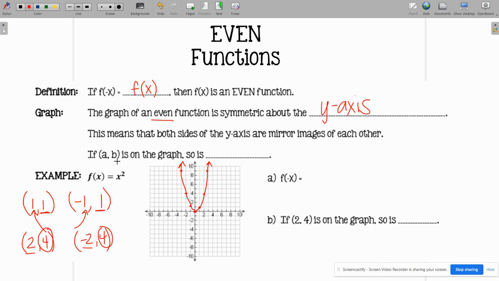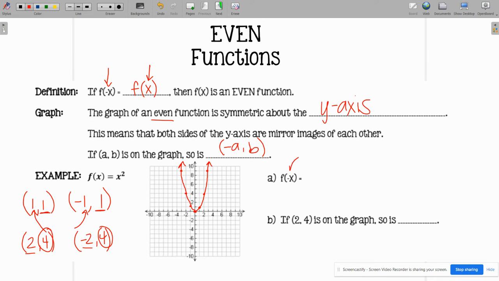So if (a, b) is on the graph, then so is (negative a, b). Again, this is saying if you plug in a negative x value and you plug in a positive x value, your two outputs are equal to each other. In this case, you could prove this algebraically. What we would do is plug negative x into the function. So f of x equals x squared.